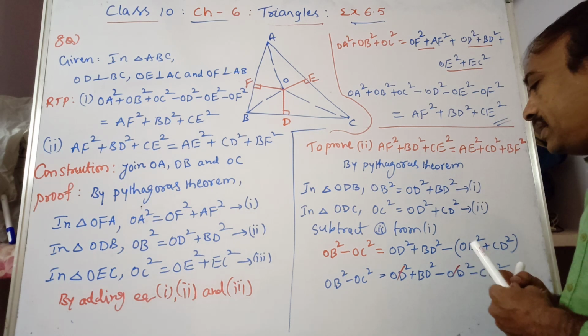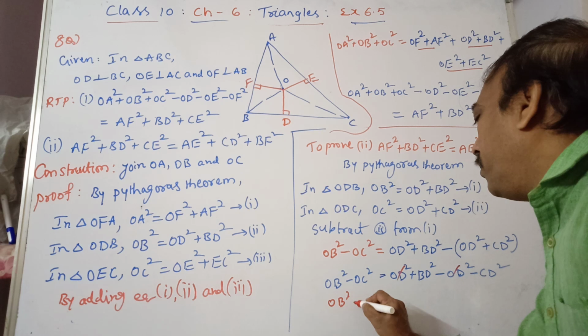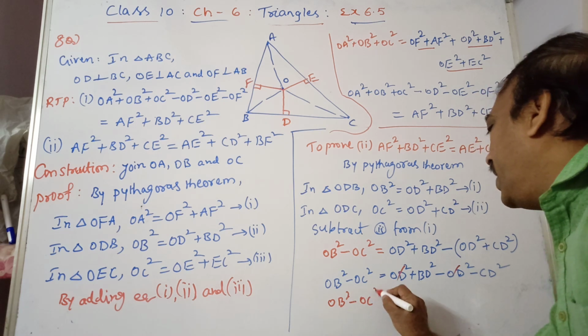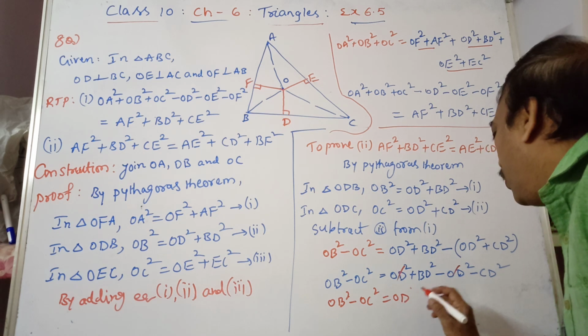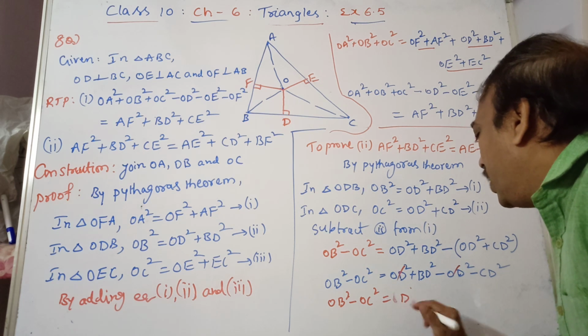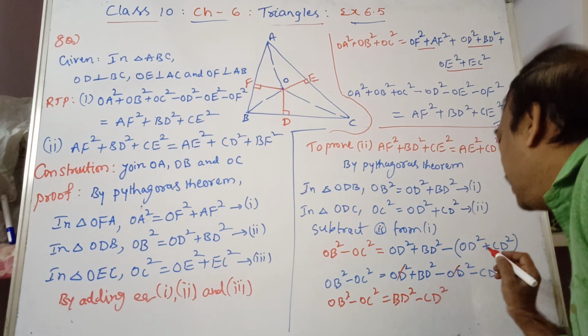What is left over: OB square minus OC square is equal to BD square minus CD square.